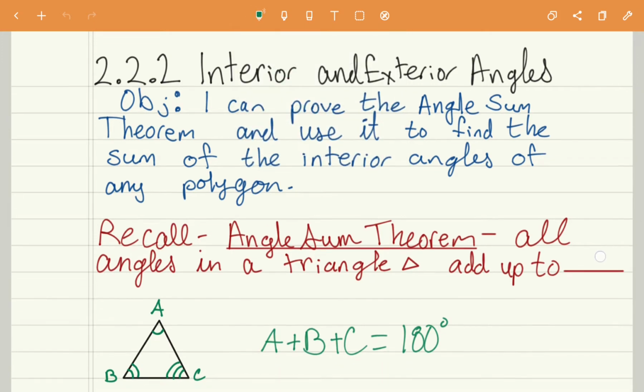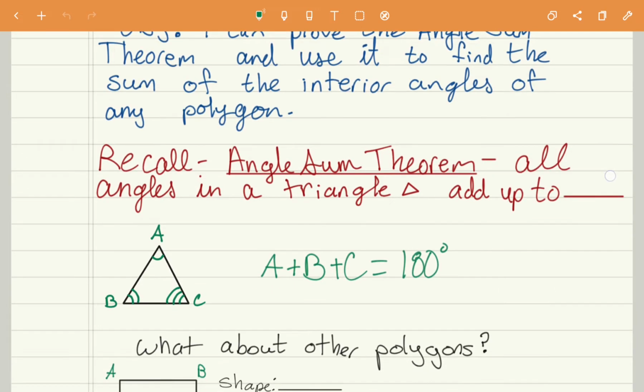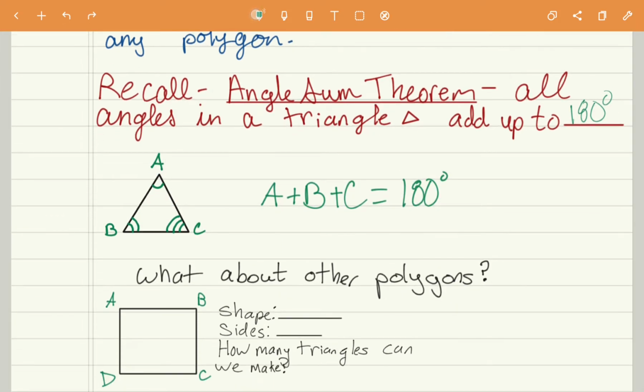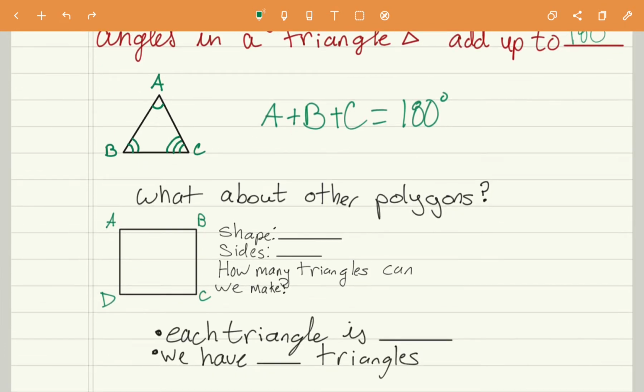First, let's recall that the angle sum theorem says that all angles in a triangle add up to 180 degrees, as pictured here. So that is given to us, but how can we use that to help us with other polygons?